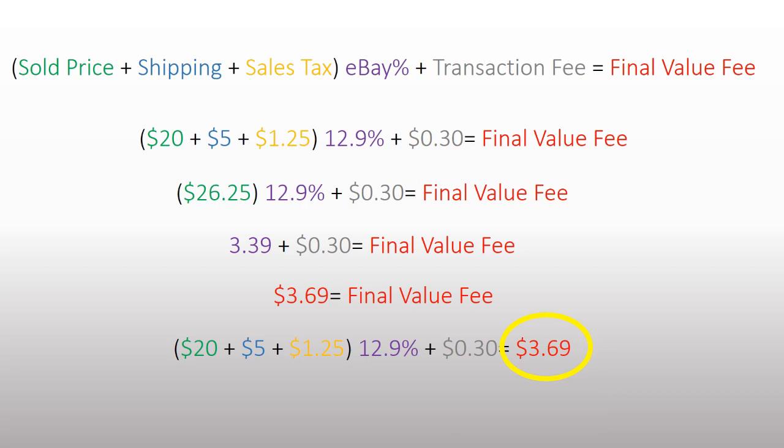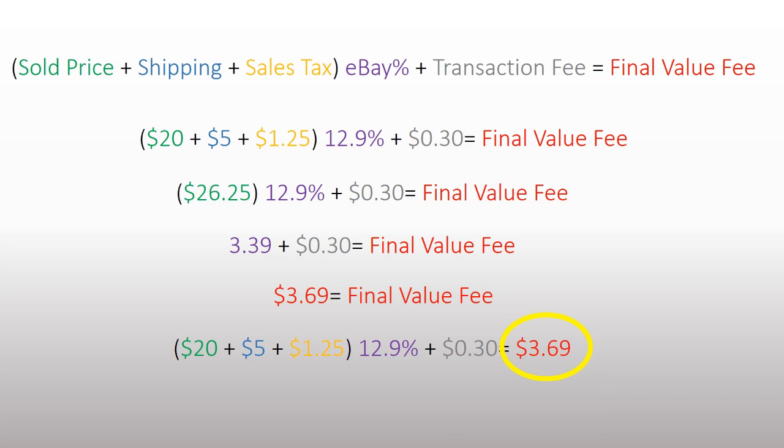Now, you do not have to calculate this on your own. eBay tells you what their final value fee is. So if you aren't good at math or this is just too much work and too tedious for you, don't worry. eBay is going to tell you what that final fee is. They're going to charge you for it. You can look up on different places on eBay. You can see what they're charging you. This is just the math behind that number.